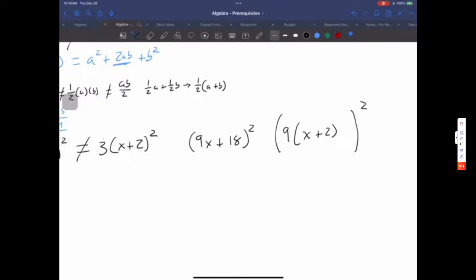Now I can take this 9 outside the parentheses, remembering that it's squared. So if I take it out of the square parentheses, I have to take the square root of it. So I can factor it out to a 3 if I take it out here, because it's been squared.